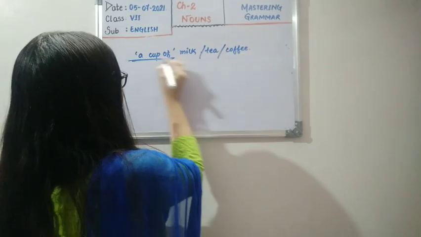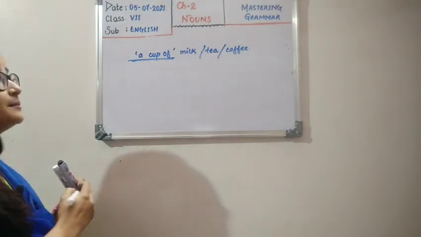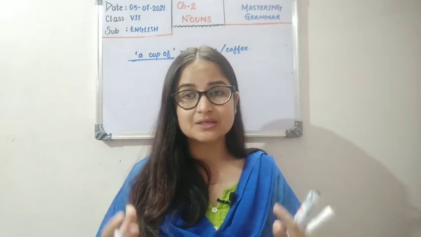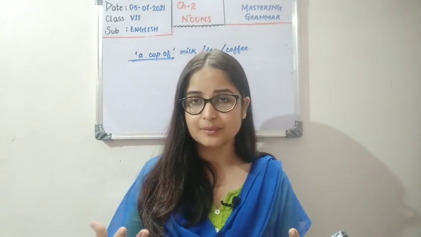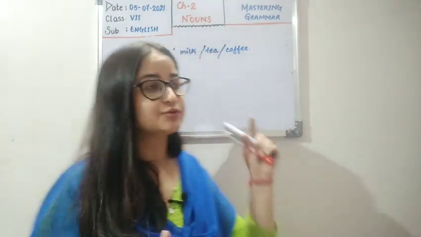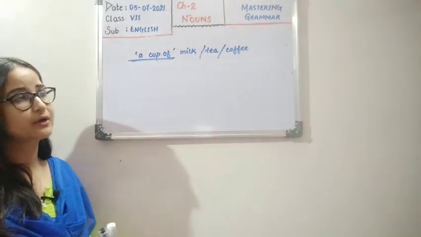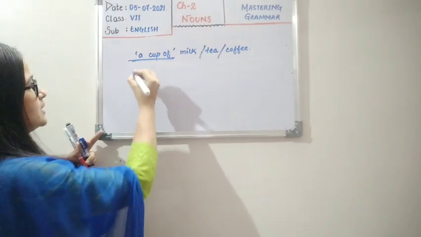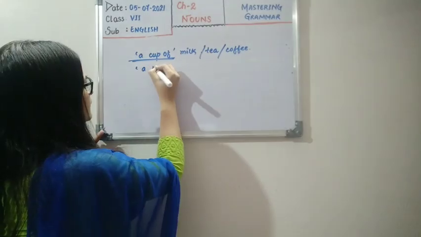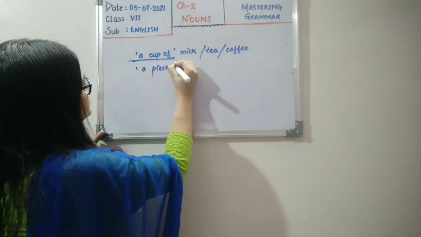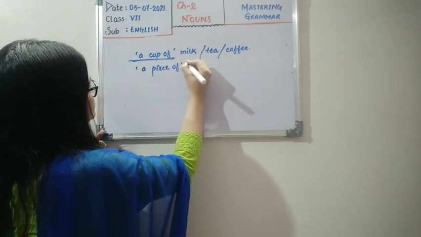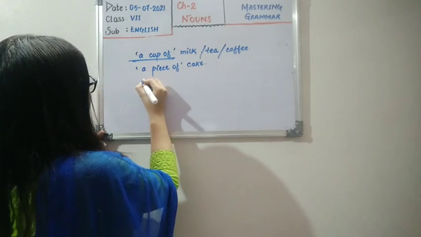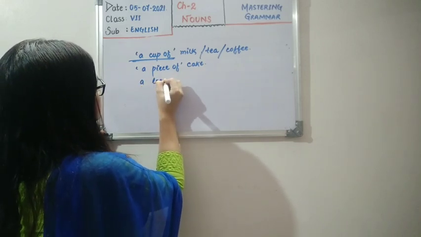Now children, you should remember that for the quantity of uncountable nouns, you will have to use these phrases, this group of words, only, not the countable nouns. So a piece of cake, a loaf of bread.